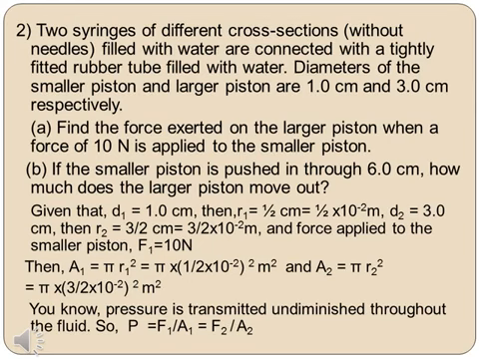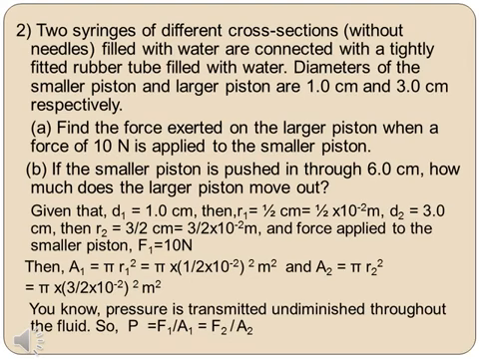Diameter of the larger piston D2 is equal to 3 cm. Its radius R2 is equal to 3 by 2 cm is equal to 3 by 2 into 10 the power of minus 2 meter. And force applied to the smaller piston F1 is equal to 10 Newton.